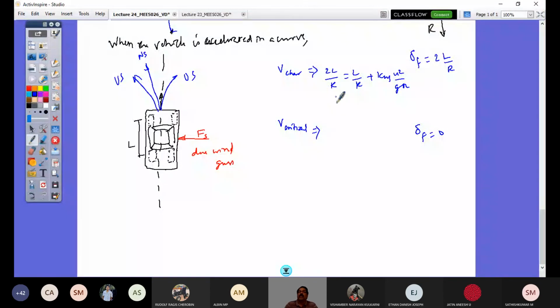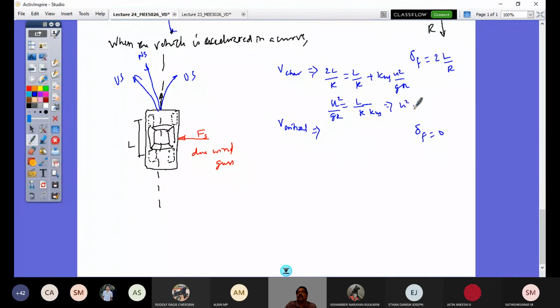So this comes on this side, it's L by R, so my U would be, how much is it? I require this, so it comes here as L by R, so U square by GR here, and on this side it's L by R by KUS, because this is brought down and GR goes up.